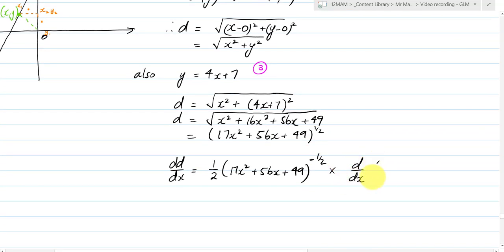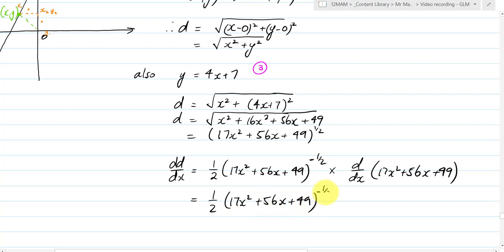So I'm deriving d/dx of 17x squared plus 56x plus 49. That's equal to a half times 17x squared plus 56x plus 49 to the power of negative a half, times 34x plus 56.